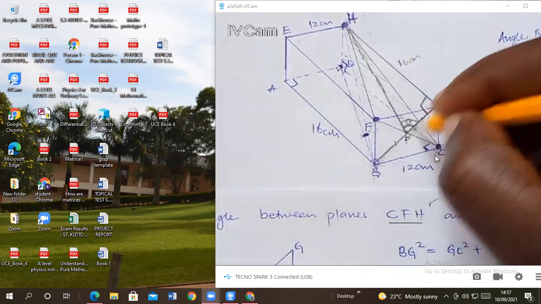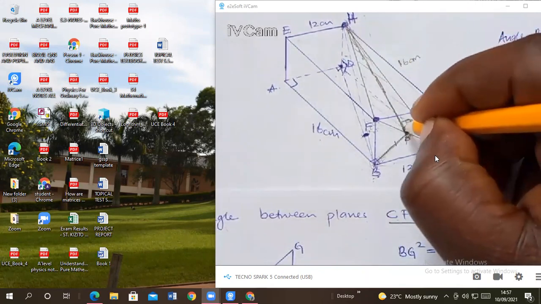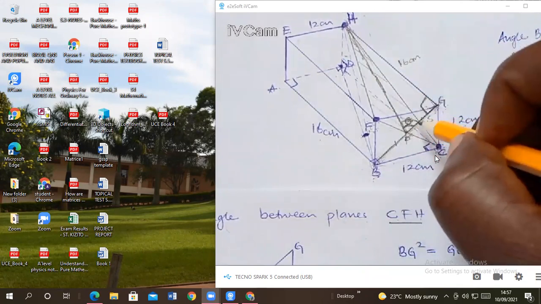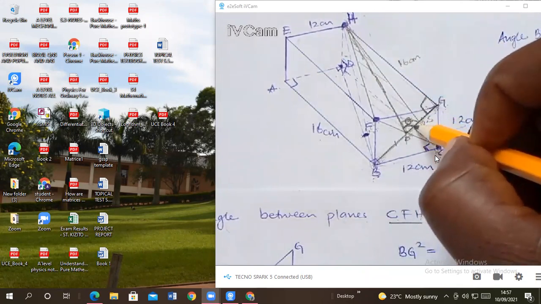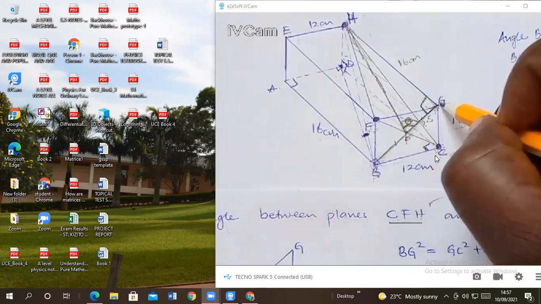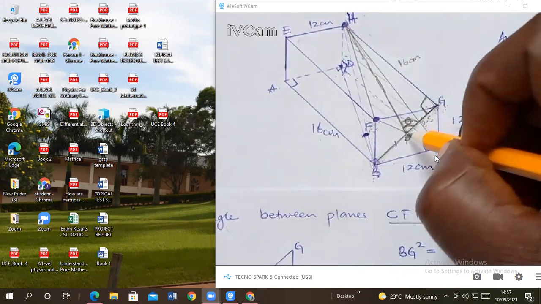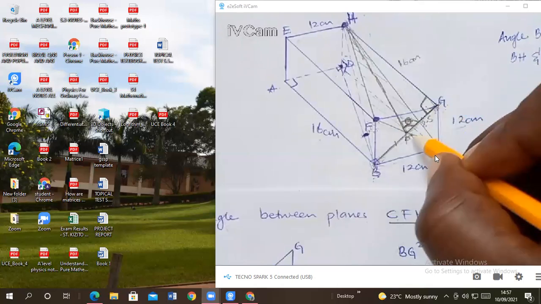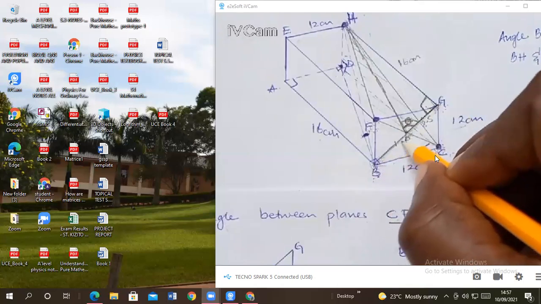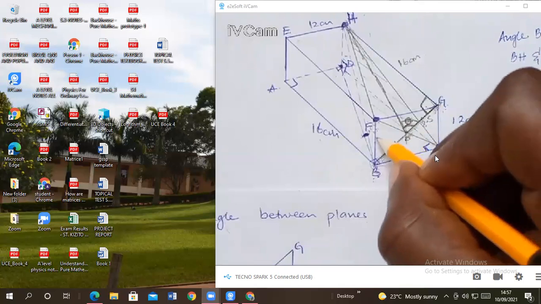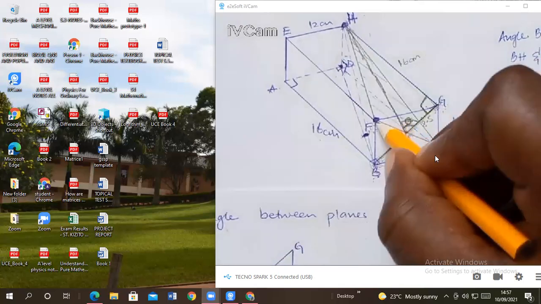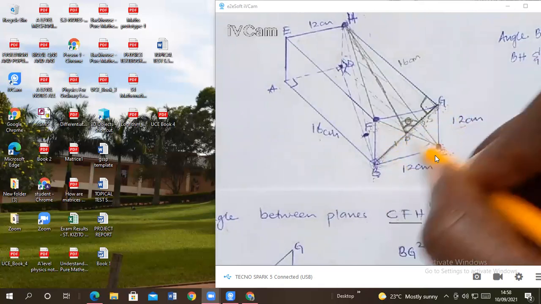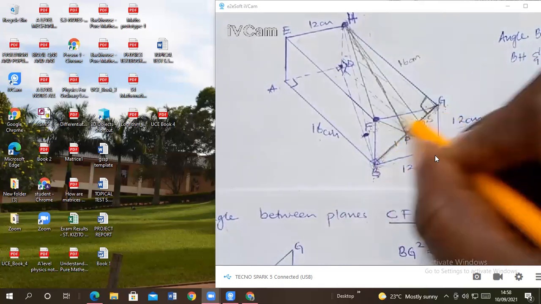So it means that here I have a right angled triangle PGH. So I'm going to use that right angled triangle and I find this angle theta, which they are looking for. And this angle theta is the angle between line PG and PH. Why do we use PG? Because PG is on this plane BCGF.